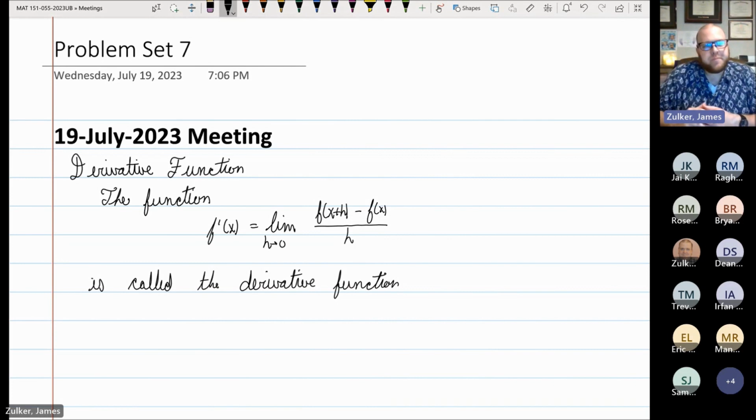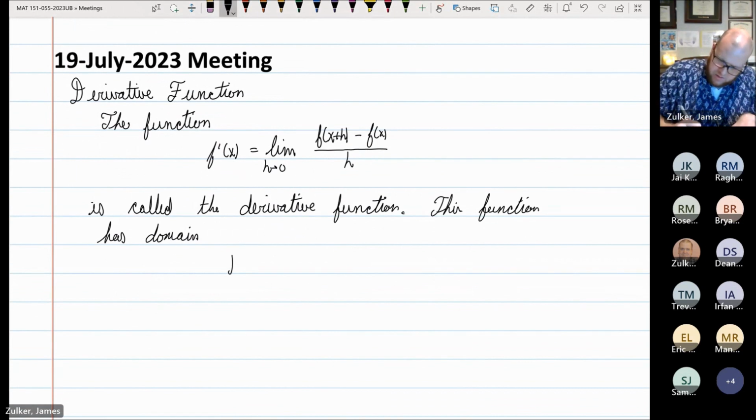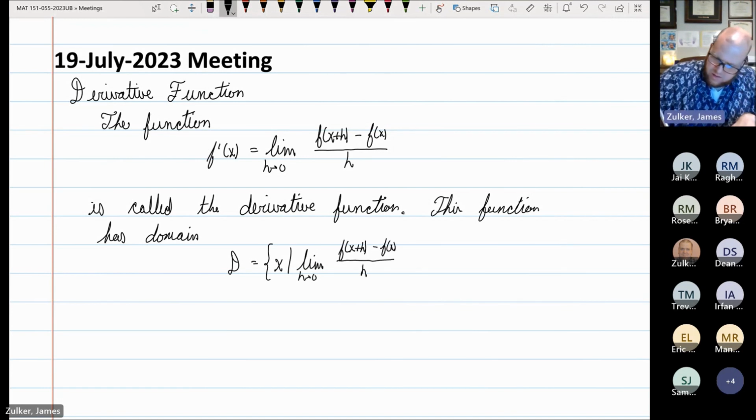This is the derivative function. Domain is a set of all values x that make that limit exist.